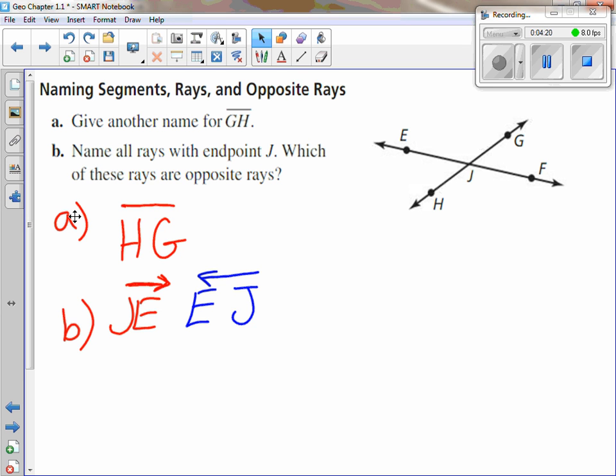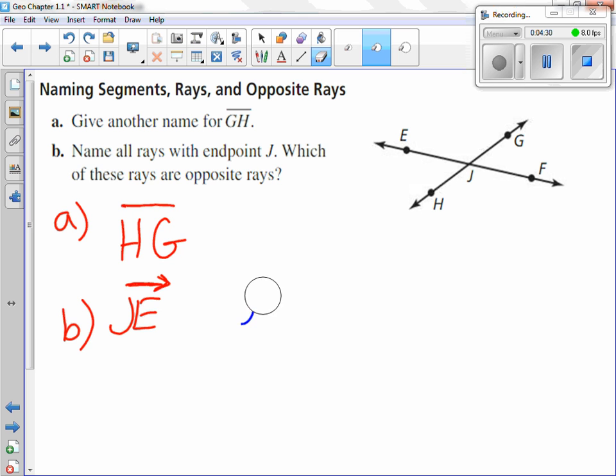It's a ray that starts at J and goes through E. It's the same thing, but it's a little weird, isn't it? So it's not wrong. We just normally do it this way. Does that make sense? And the arrow is always going to be on the side of the point that it's going through, because it's starting at J and going through E.